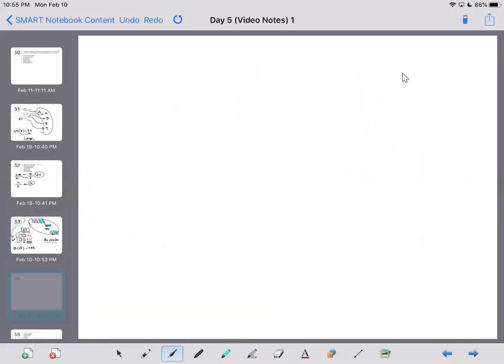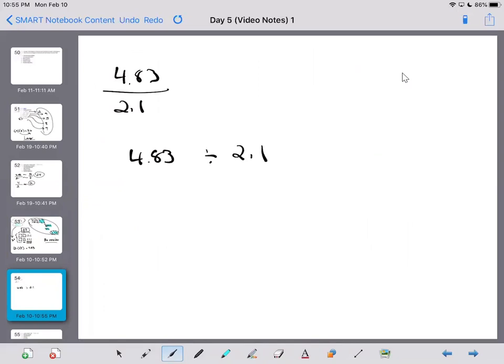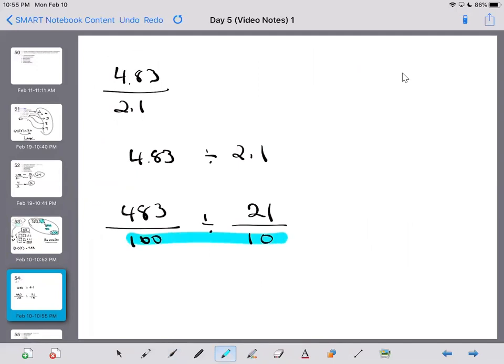All right, so let's take 4 and 83/100 divided by 2 and 1/10, and let's look at the fraction model. That's the same as 483/100 divided by 21/10. So I'm just thinking I'm going to try to make these the same.